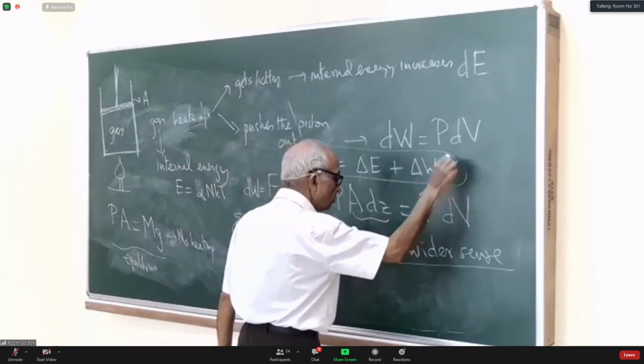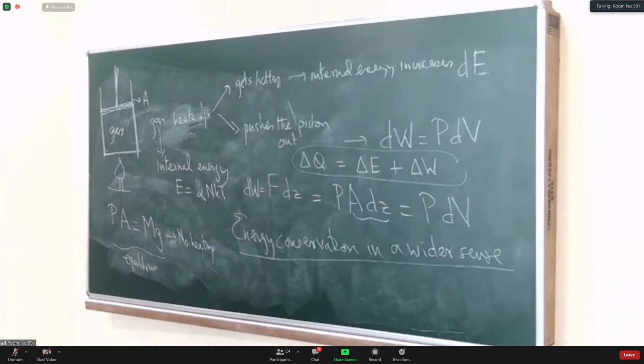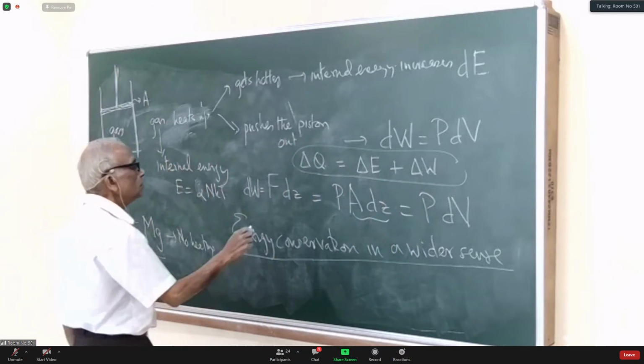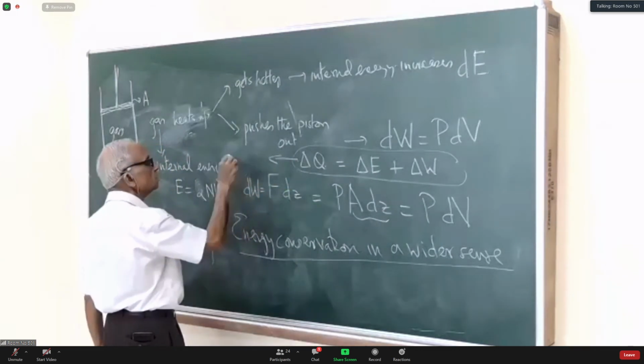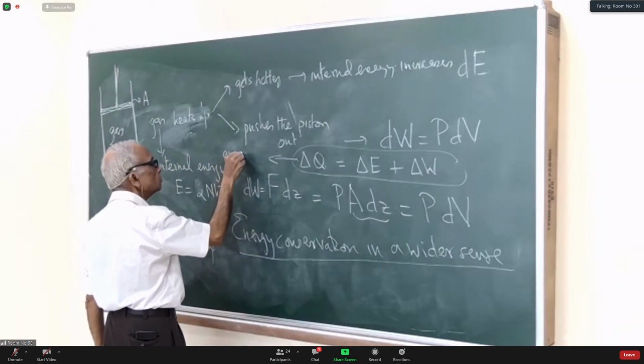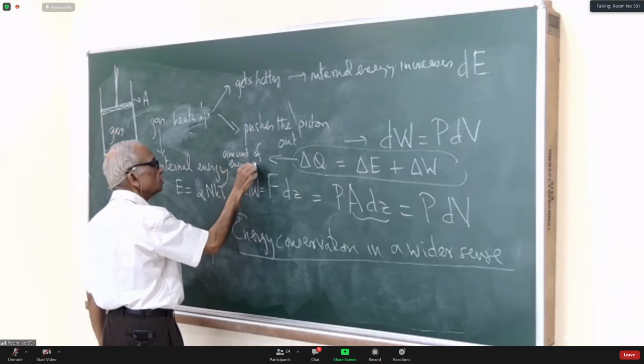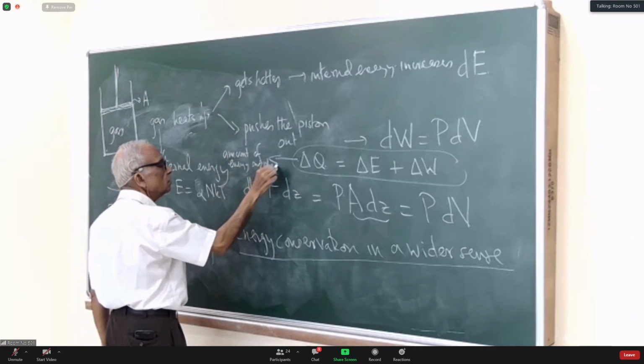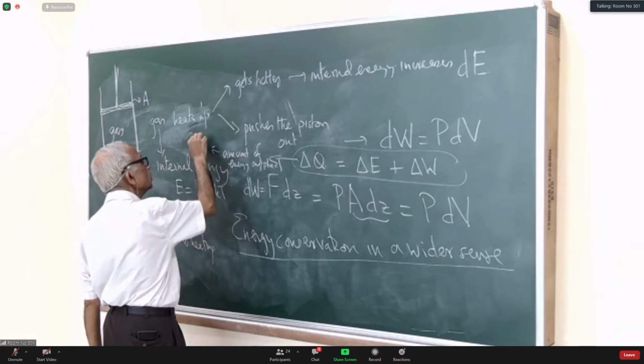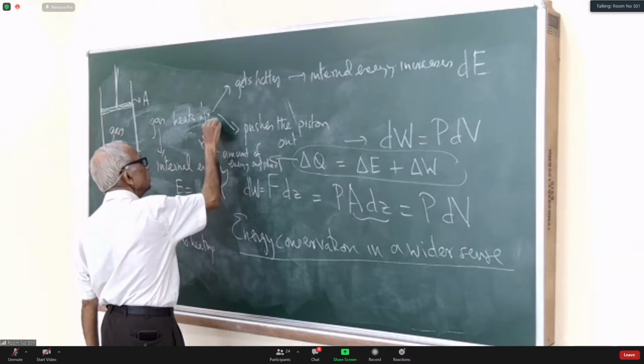So just the energy conservation law. Delta Q is the amount of energy supplied, which is what you call heat.